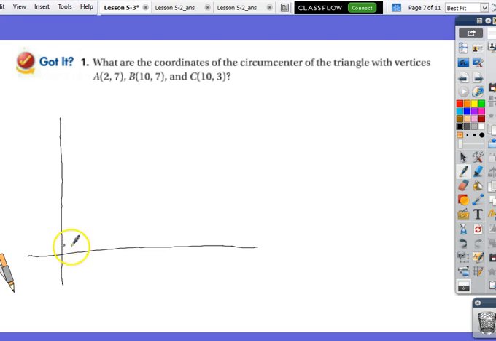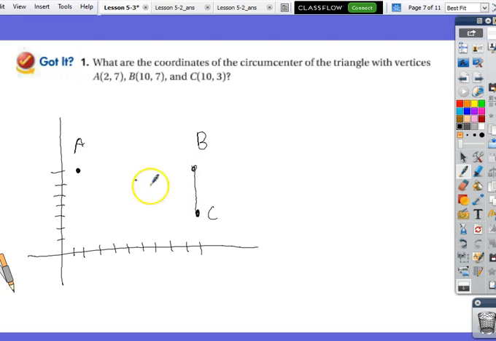I'm going to graph point A, which is 2, 7. That's that point right there. And then B is 10, 7. So here's A, here's B, and C is 10, 3.